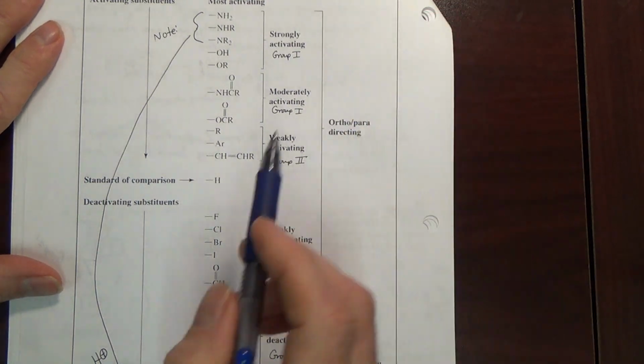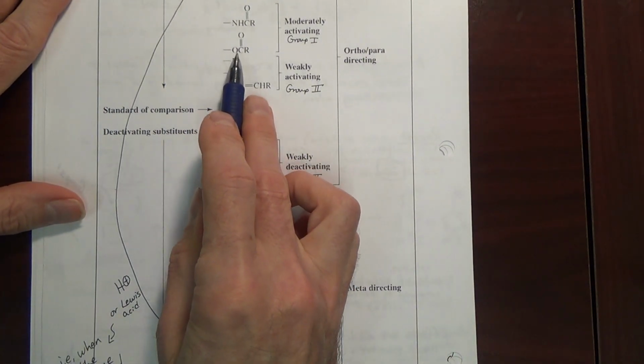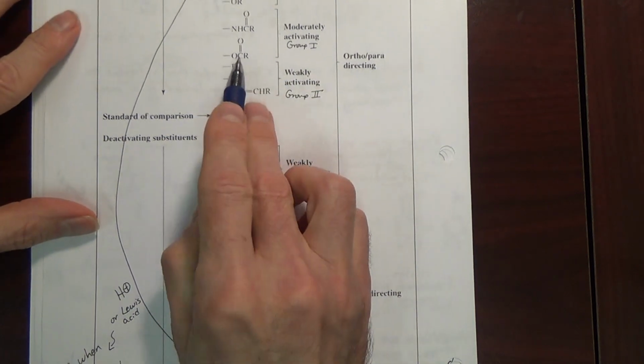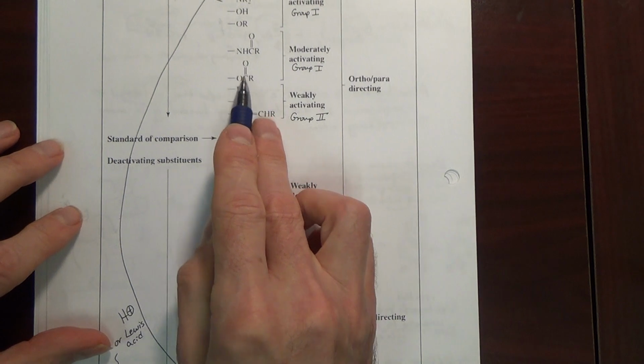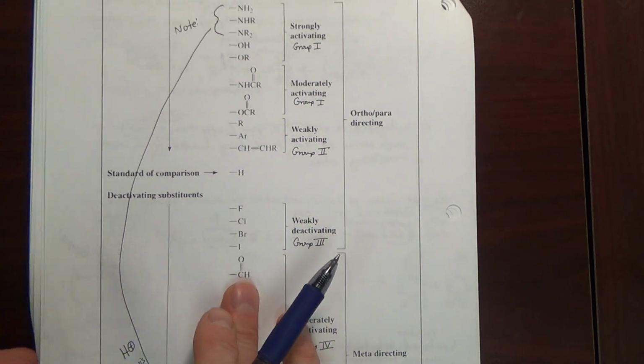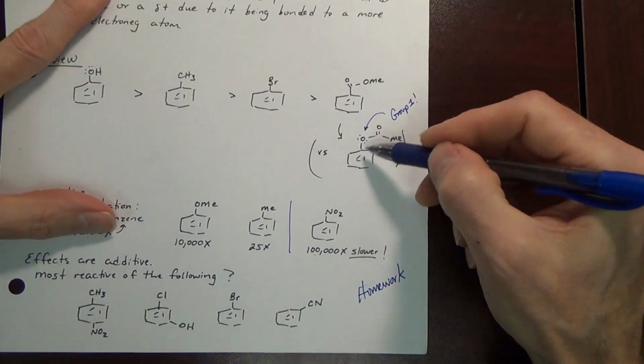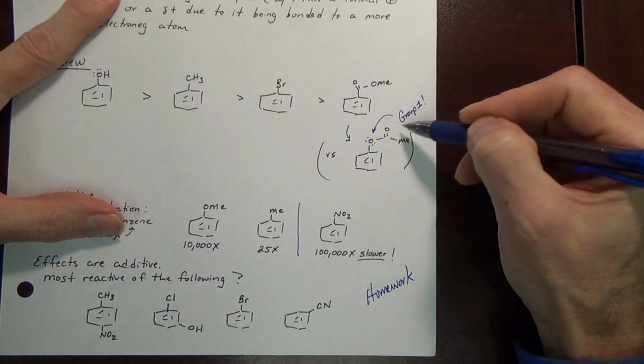Now if you note, here's the oxygen bonded to the carbonyl. And previously I compared that to like the OH. That's what we did right here. I called it group 1.